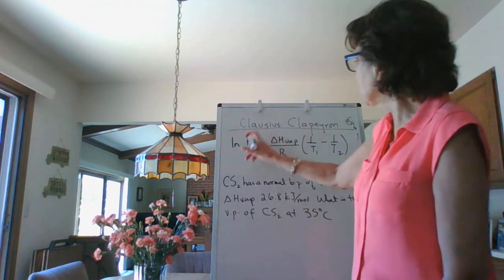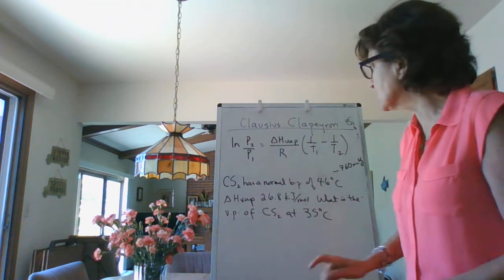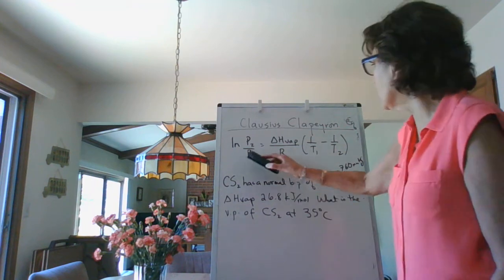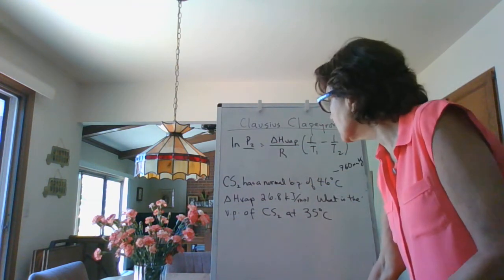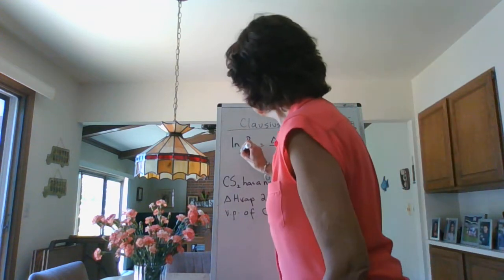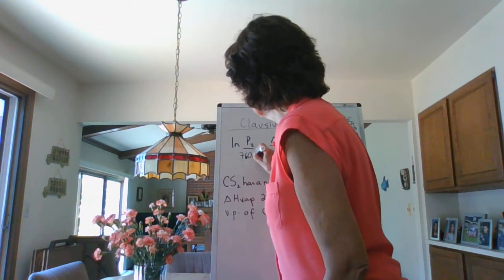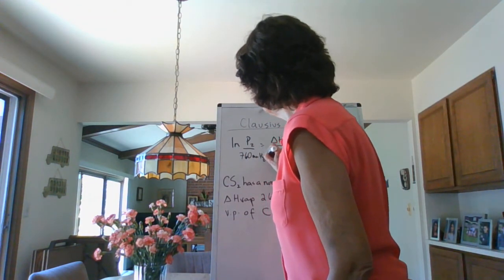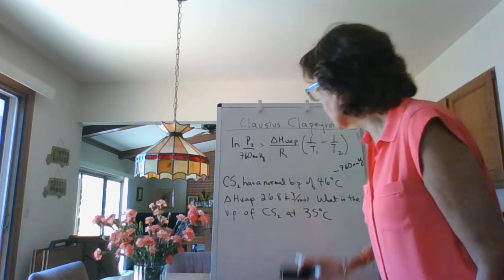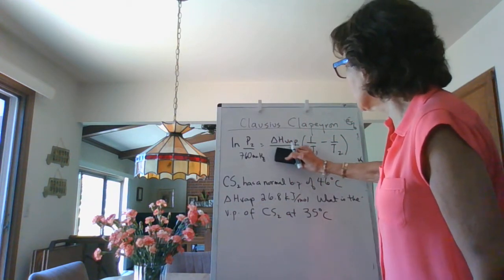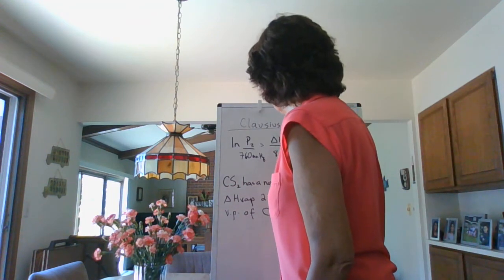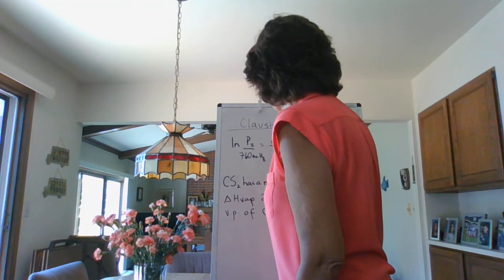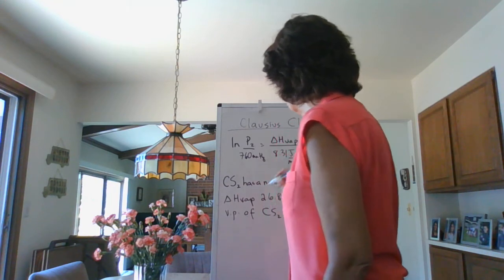All right, so we're going to plug everything into this. So this is my P1. I'm going to put 760 here. The R value is going to be given to you, and that is 8.31 joules per mole Kelvin.